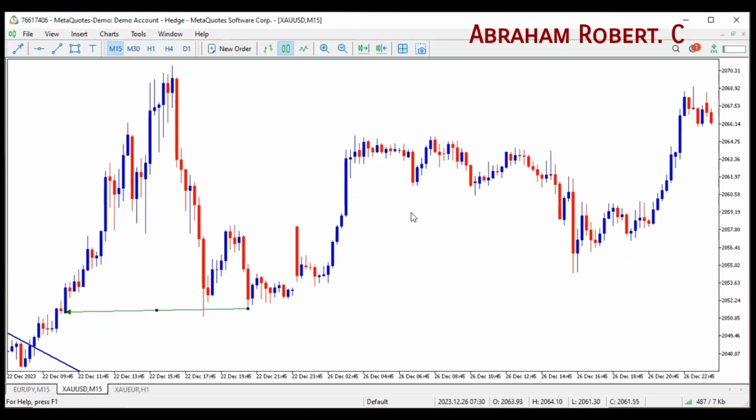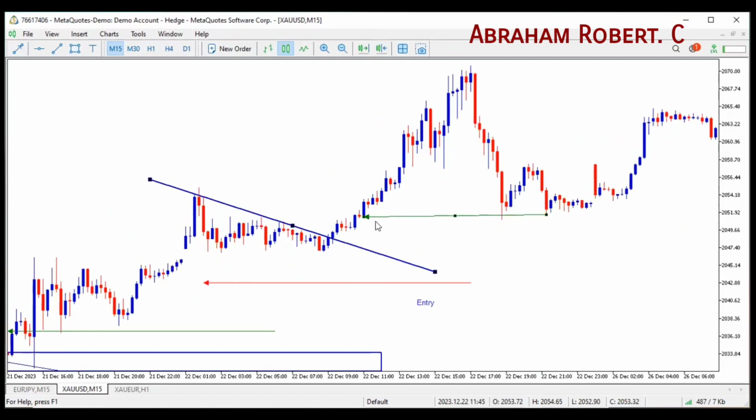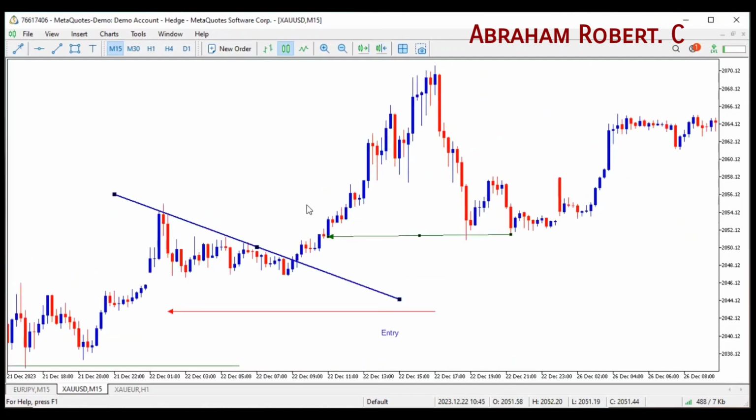You can see this is the point we're looking at. Break, you can see the retracement. 1, 2, 3. Now, these doji candles you are seeing here, these are retracement.